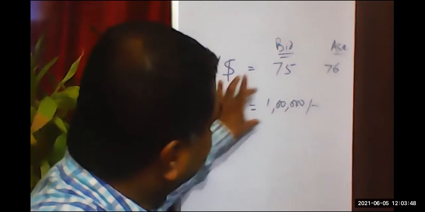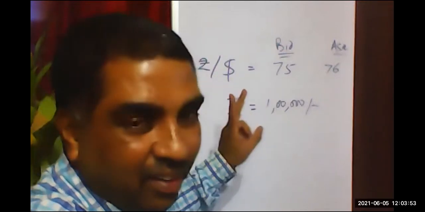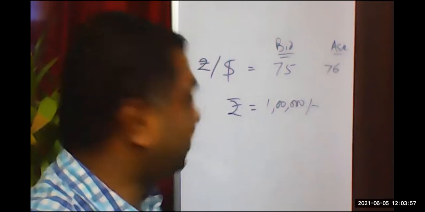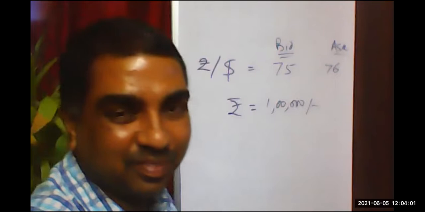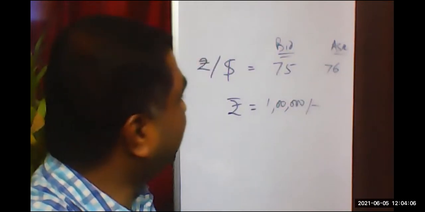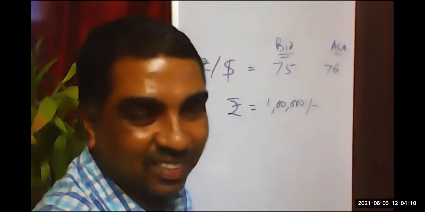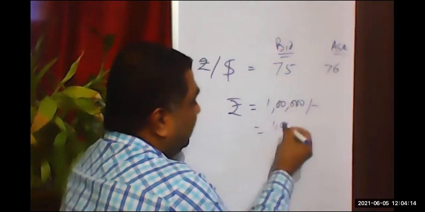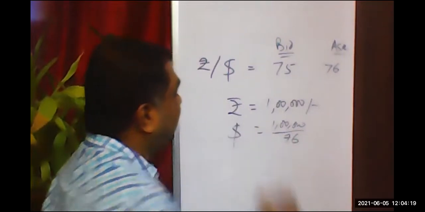You have 1 lakh rupees, so 1 lakh by 76. Because now you are selling rupees, the sales price is applicable, that is 76. So you'll be getting 1 lakh divided by 76; that many dollars you'll be getting.